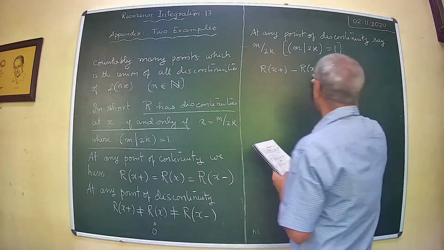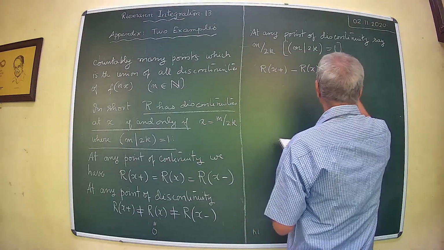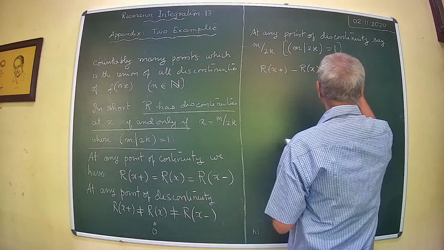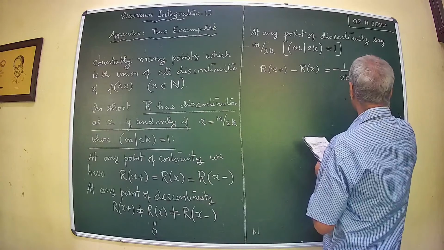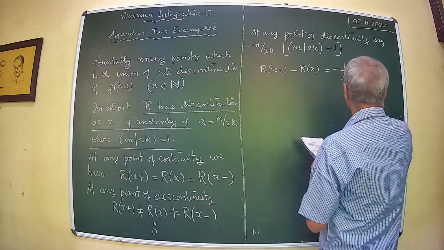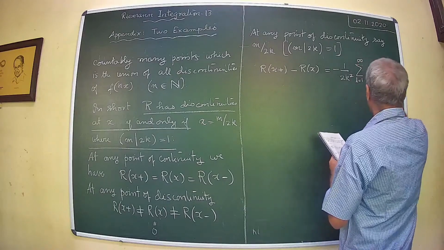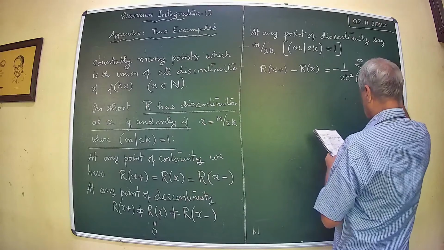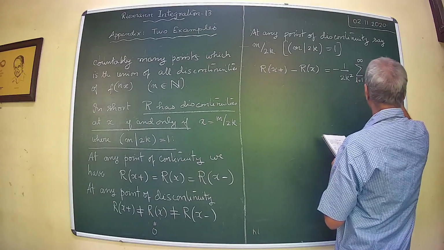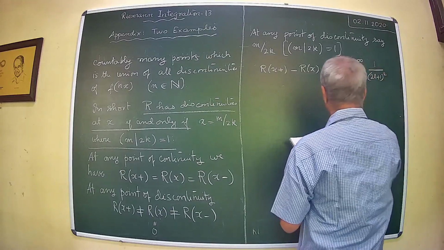Therefore, this is equal to minus 1 upon 2k square, a sum over l equal to 1 to infinity of 1 upon l whole square. Little bit of work is required.